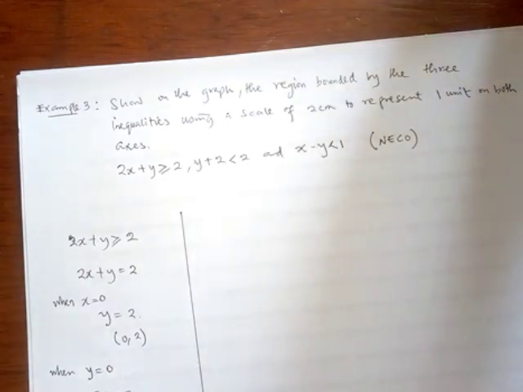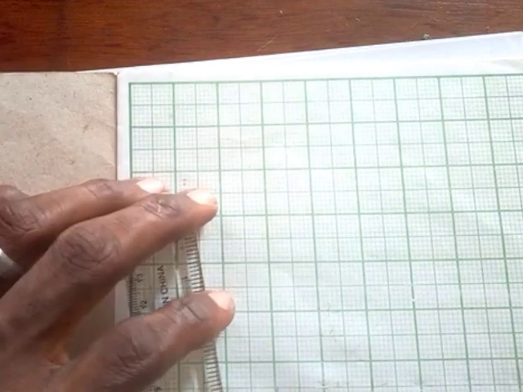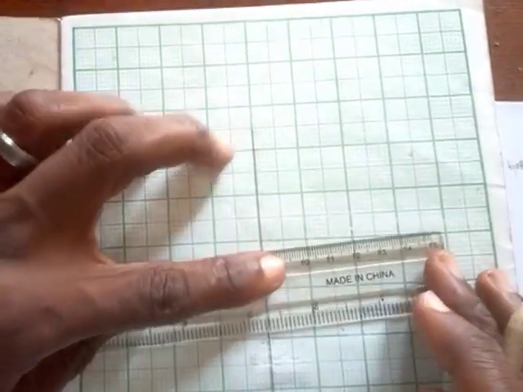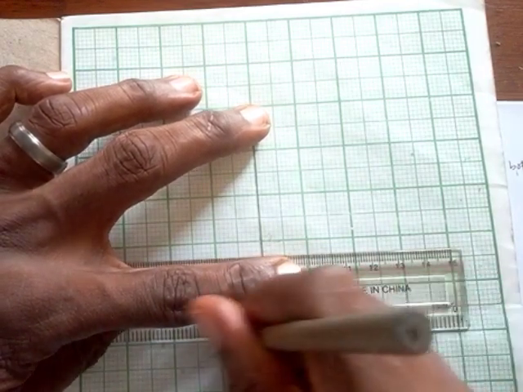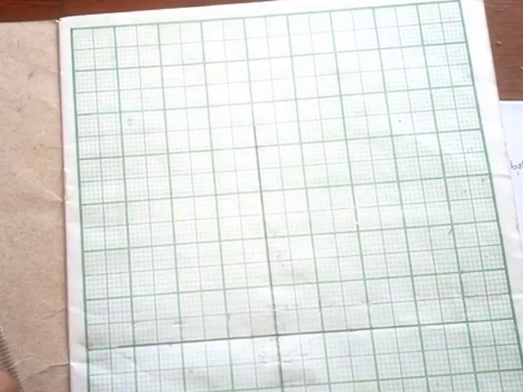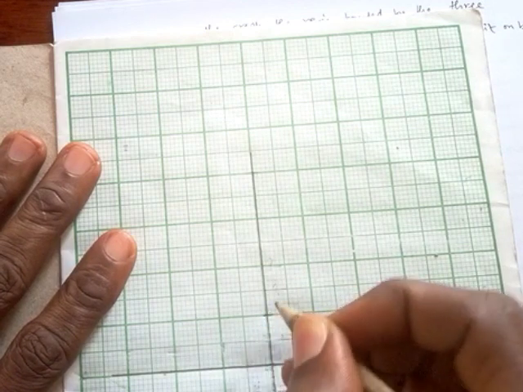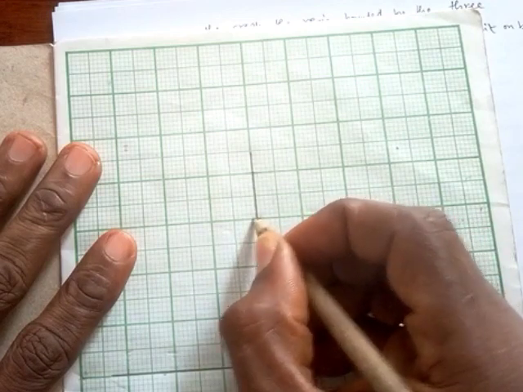Okay, so let's draw the boundary line for this inequality. The scale says 2 cm to 1 unit on both axes.